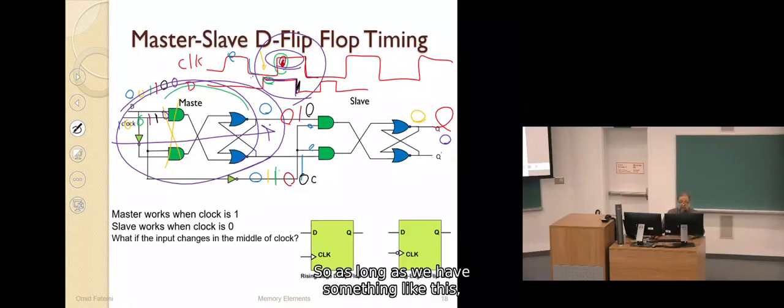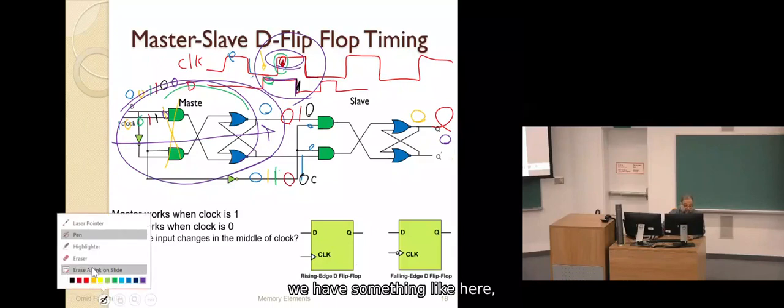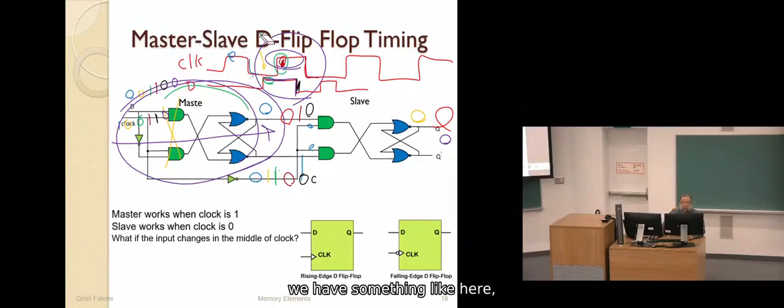So here, the data is 0, the clock goes high, and then the master works, the 0 comes in the middle, and then the clock goes low, then the 0 in the middle goes to the output.